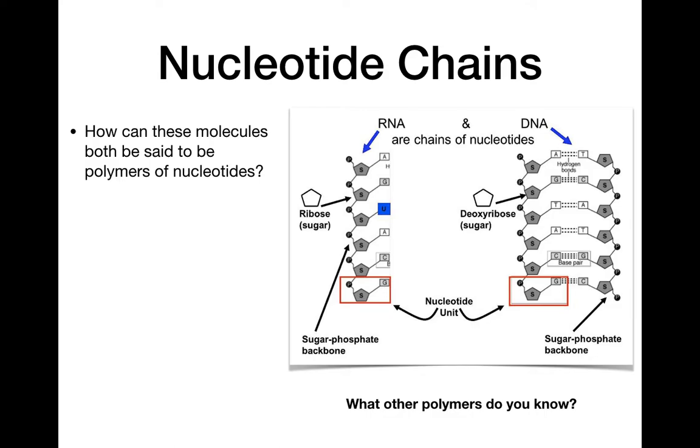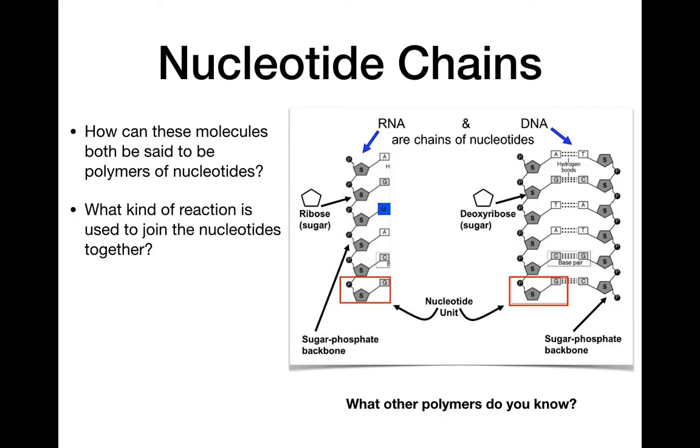Well, polymers are chains of multiple molecules of the same type, and for polymers of nucleotides the subunit is the nucleotide. Here we have RNA nucleotides with the ribose sugar, nucleotides with the deoxyribose, different bases, and together they make up a polymer, many subunits bound together.